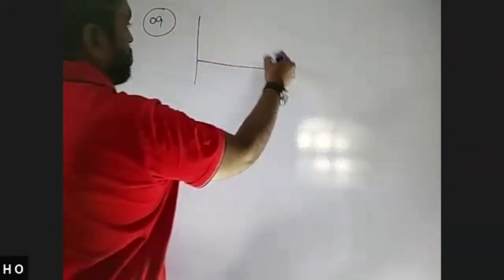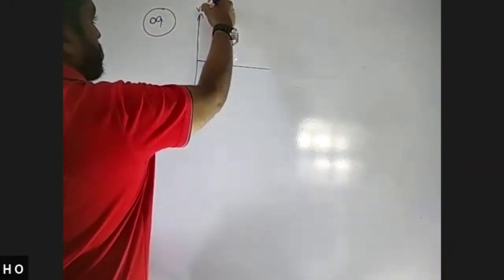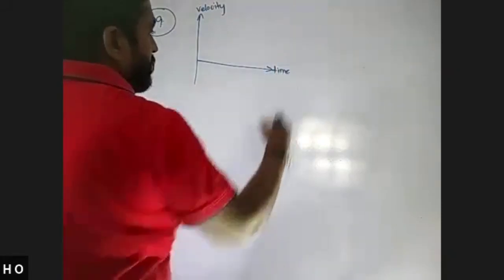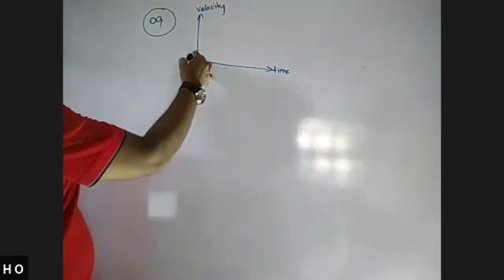Show that in t by 2 time from the beginning, what part of the length of the train has passed this point. Let us take the VT graph, velocity against time.